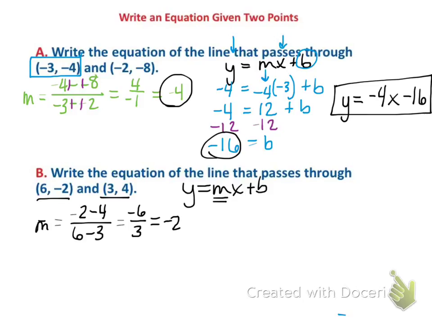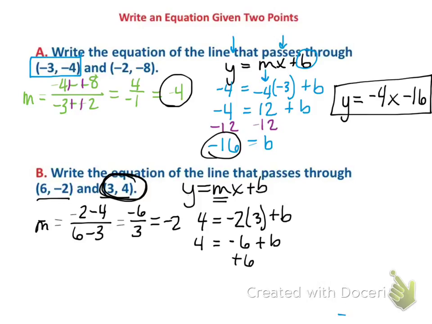Now I pick whichever point I think is prettier. This one has no negatives, so it makes me happy. So I plug in for y, the 4 equals, remember, m is -2, x is 3 plus b, and I just have to solve that for b.